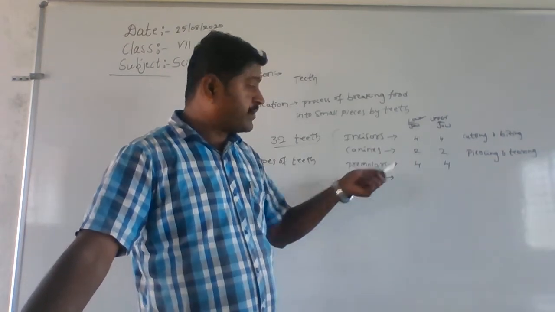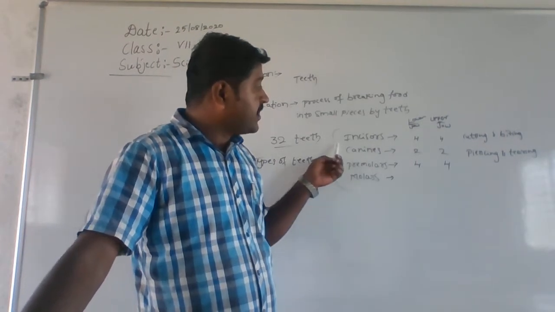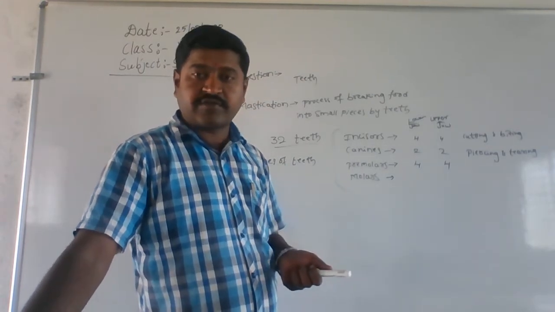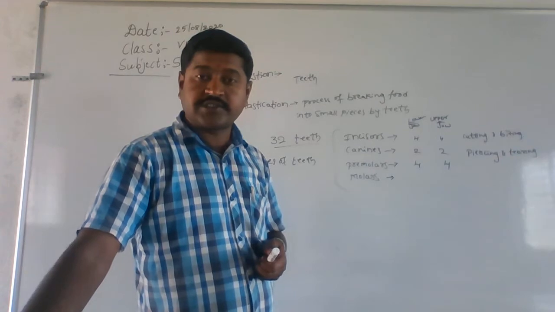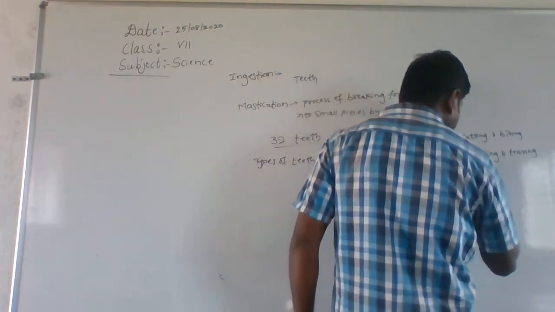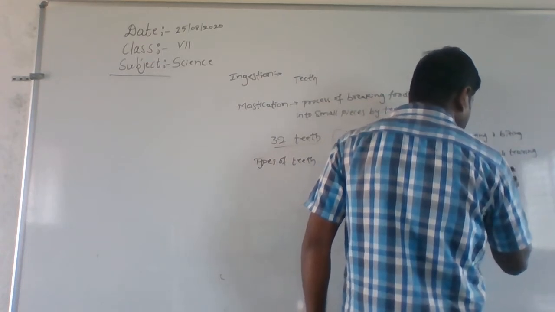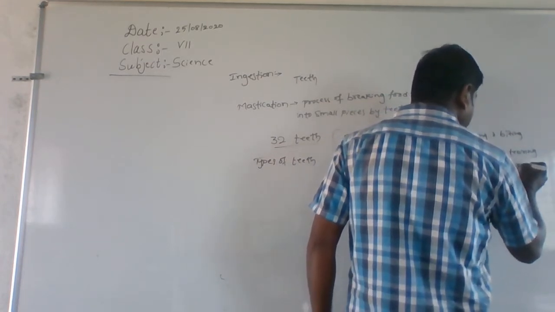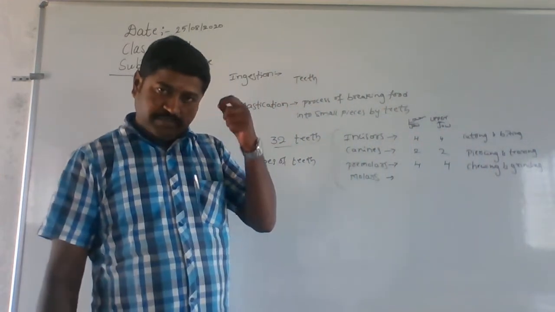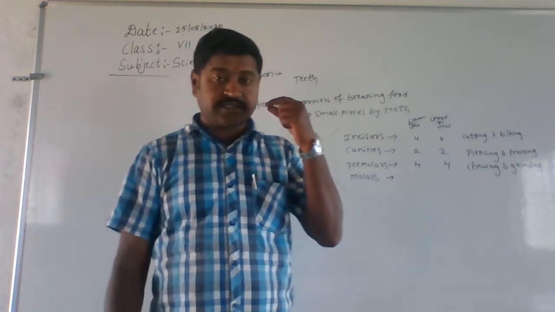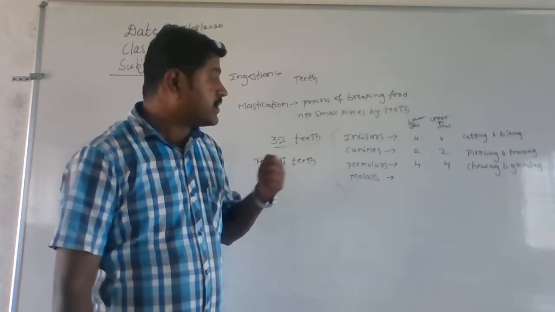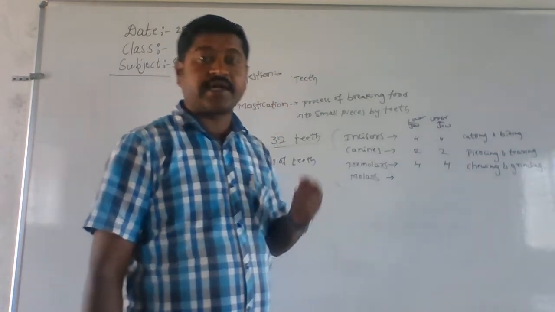What do the premolars do? Incisors cut or bite the food, canines pierce or tear the food, and premolars chew and grind the food. Whatever food was bitten or torn has now to be chewed and ground.